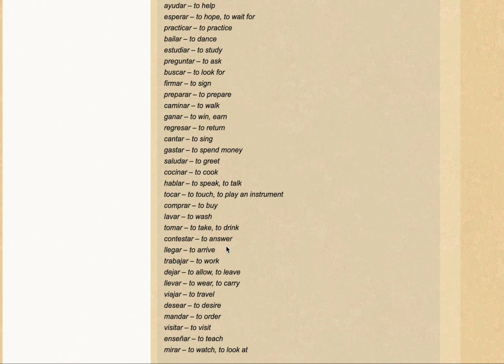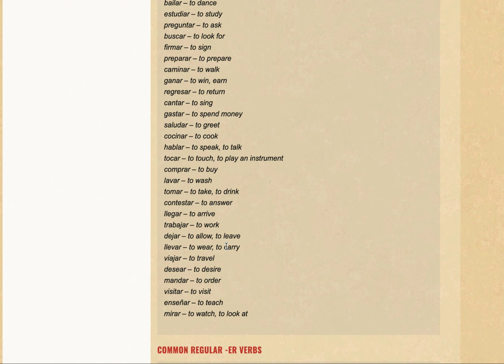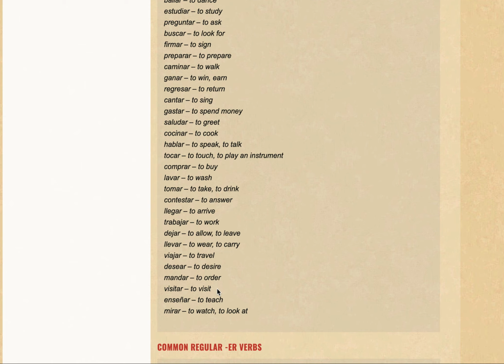Tomar, to take, to drink, and mandar, to order, enseñar, to teach, mirar, to watch, to look at.